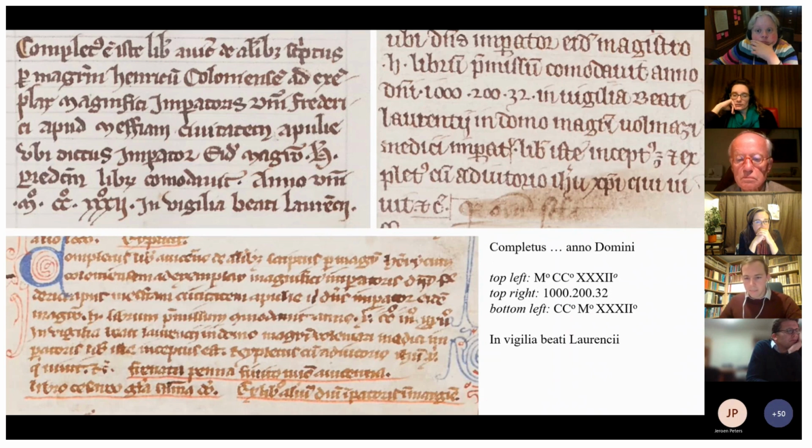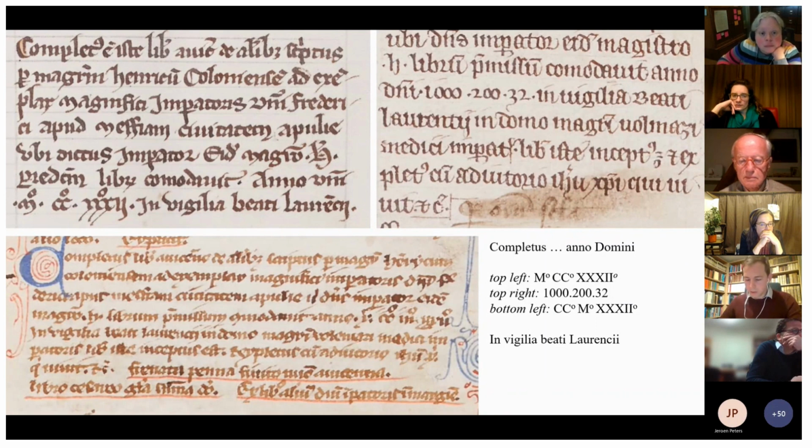The second notation is very rare. I have never seen an example where Arab numerals have been used before the 15th century. And the third one is a scribal error where the 200 is put in front of the 1000. So 3 manuscripts, 3 different notations.